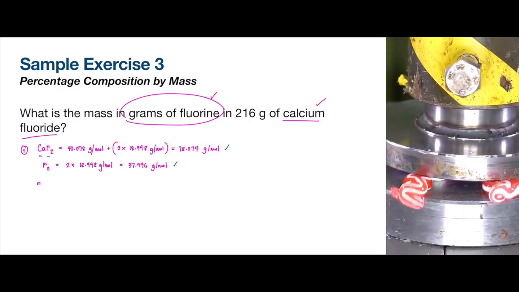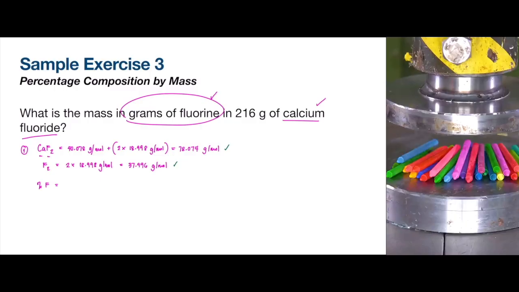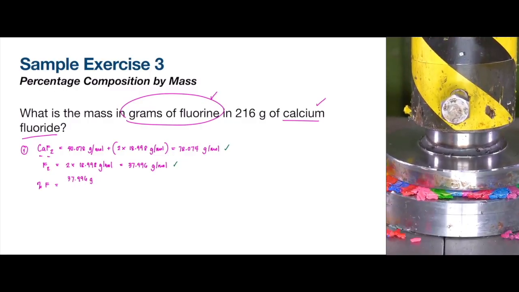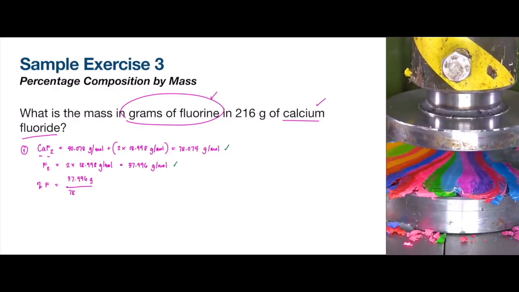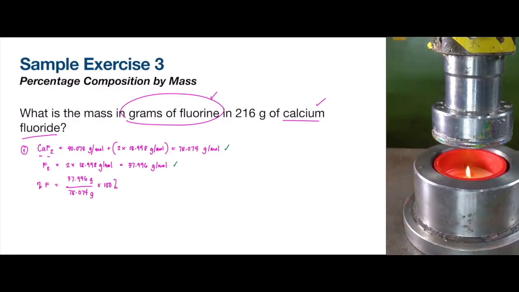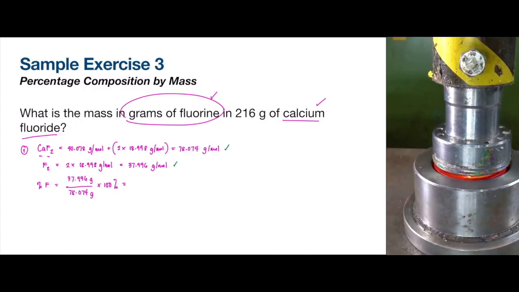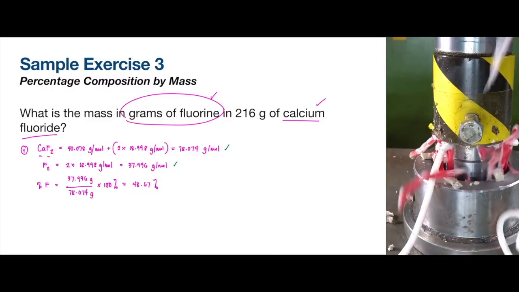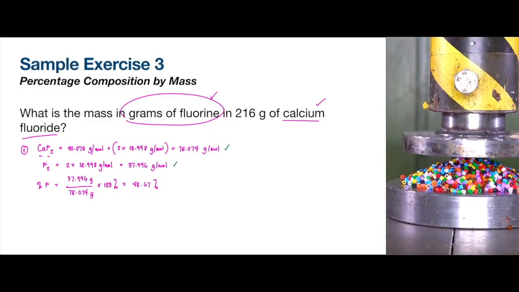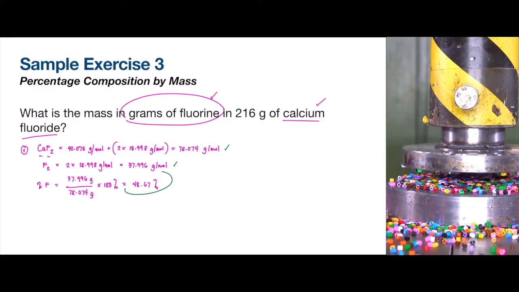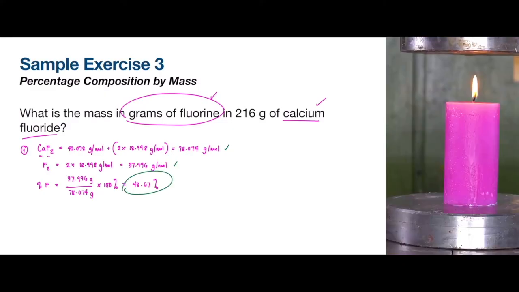So now we can get the percent fluorine by mass written as 37.996 grams divided by 78.074 grams multiplied by 100%, which is equal to 48.67%.